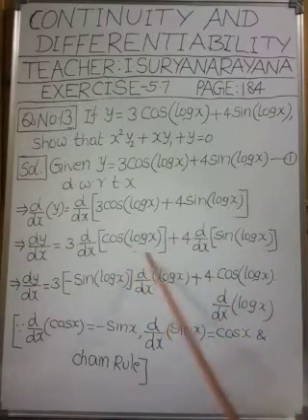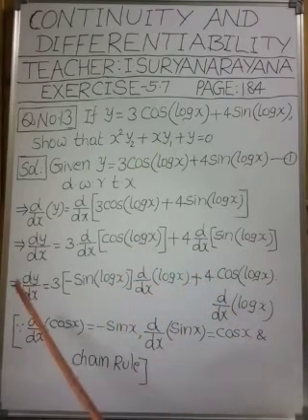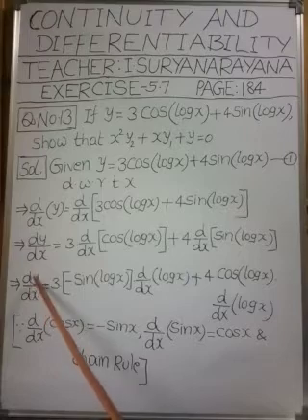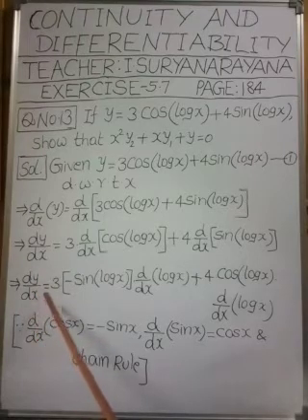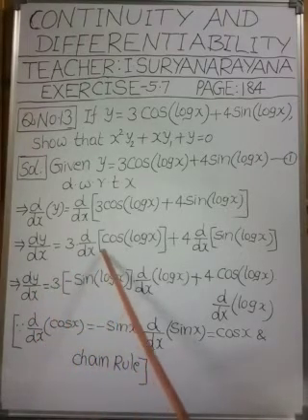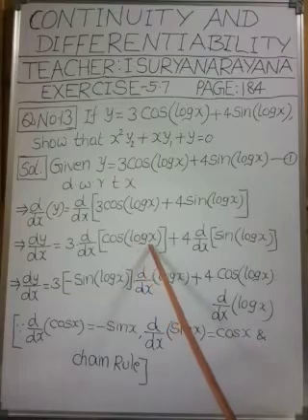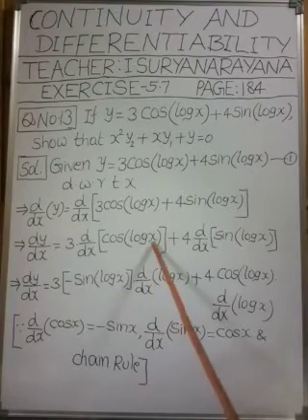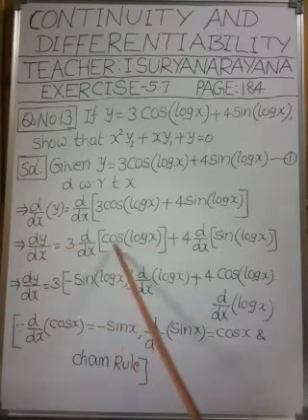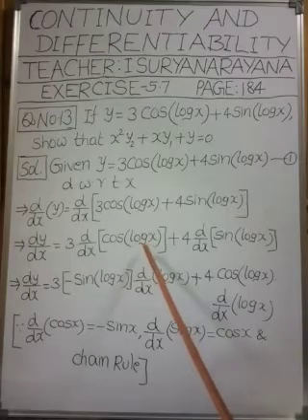Understood this step, my children? Right. This implies in LHS I wrote dy by dx is equal to 3 into, observe this first term, it is in the form of d by dx of cos x. You have to assume this log x as x in your mind. So d by dx of cos x, what is the formula? Minus sin x.